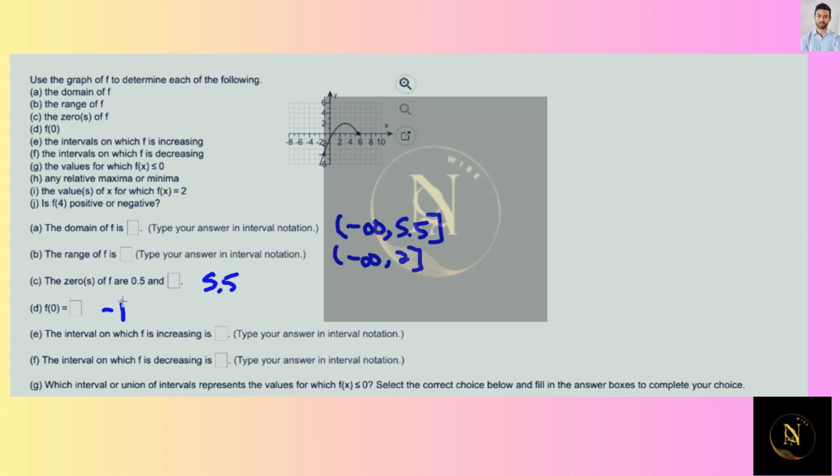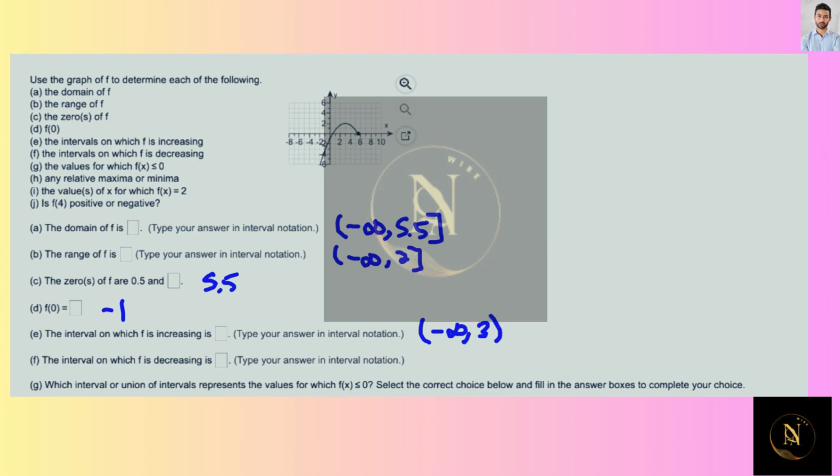The interval for increasing is going uphill when we're reading it left to right. So it'd be from negative infinity to that maximum point, but the x value of it, which is 3. So we would say from negative infinity to 3, it is increasing.